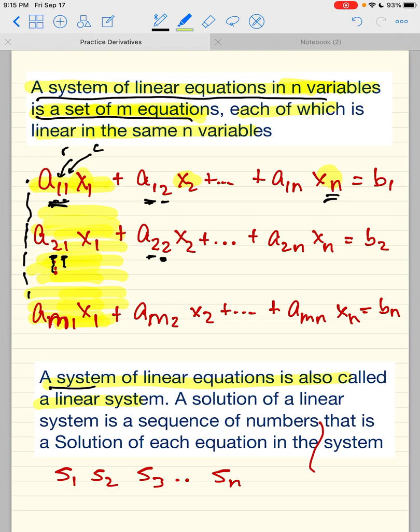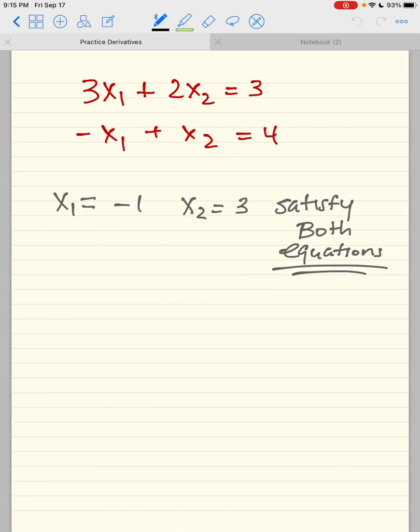A solution of a linear system is a sequence of numbers, S1, S2, S3, all the way to Sn, that is a solution of each equation in the system. What that means is that when you get the answer for x1, x2, and xn, it must satisfy every single equation.